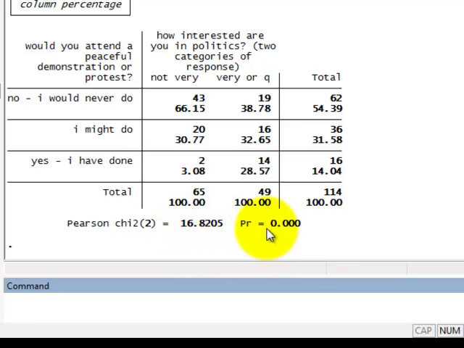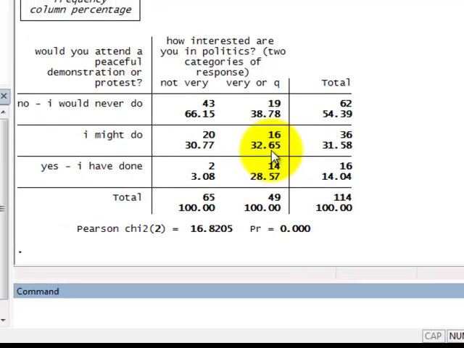The p-value is quite small. So again, we reject the null hypothesis of no relationship in the population. And again, if one is not engaged very much in politics, it's quite unlikely that they have been in a demonstration before, and it's still pretty evenly distributed if you are very or quite involved in politics. So that's for females.